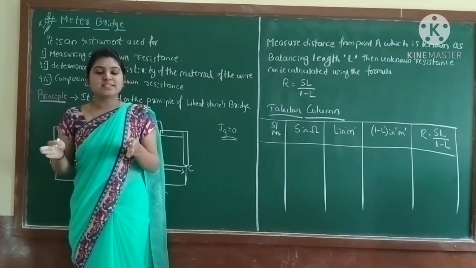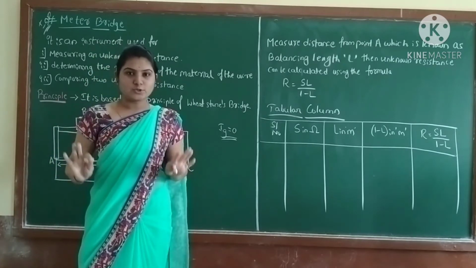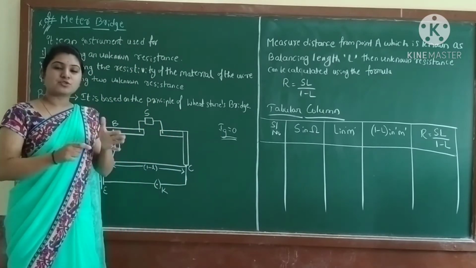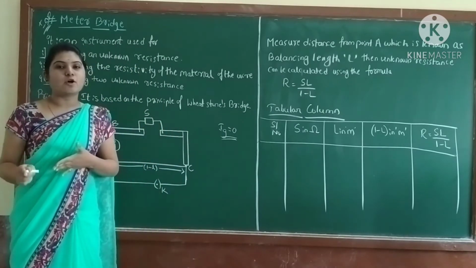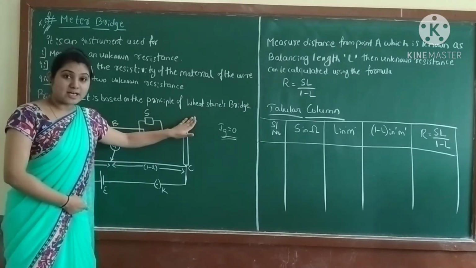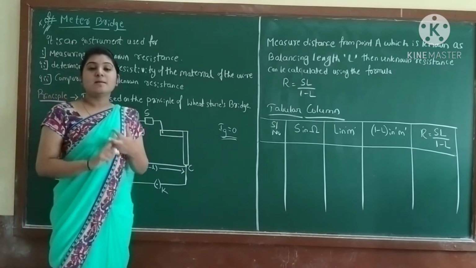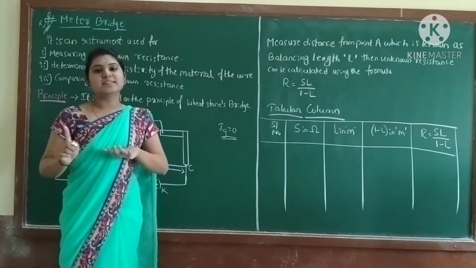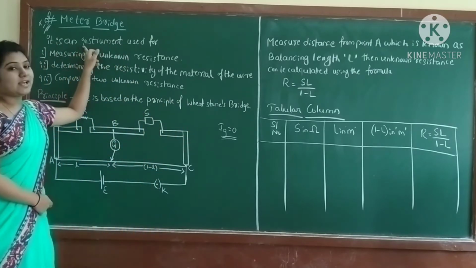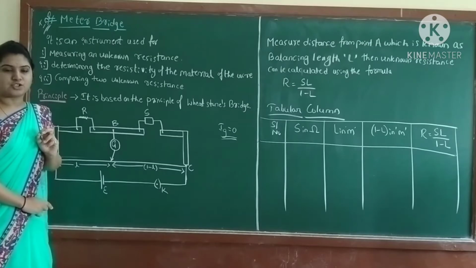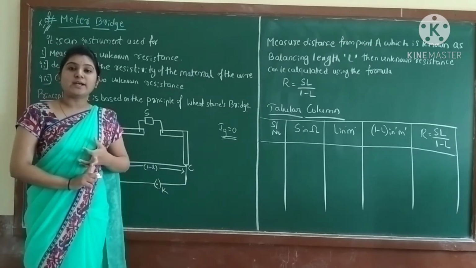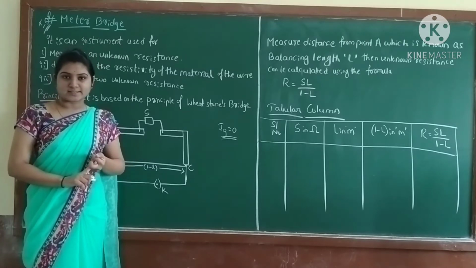See, the meter bridge is also one instrument, which mainly works on the principle of the Wheatstone's bridge. So why are we using the meter bridge? The Wheatstone's bridge we used to calculate the value of resistances, right?